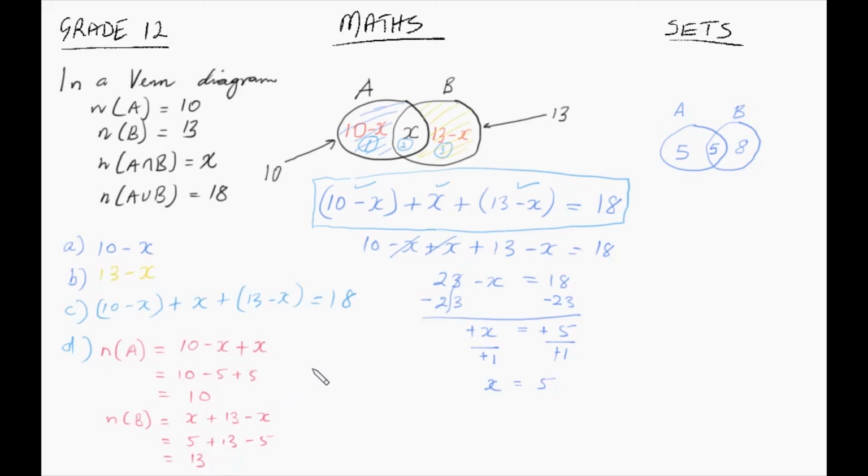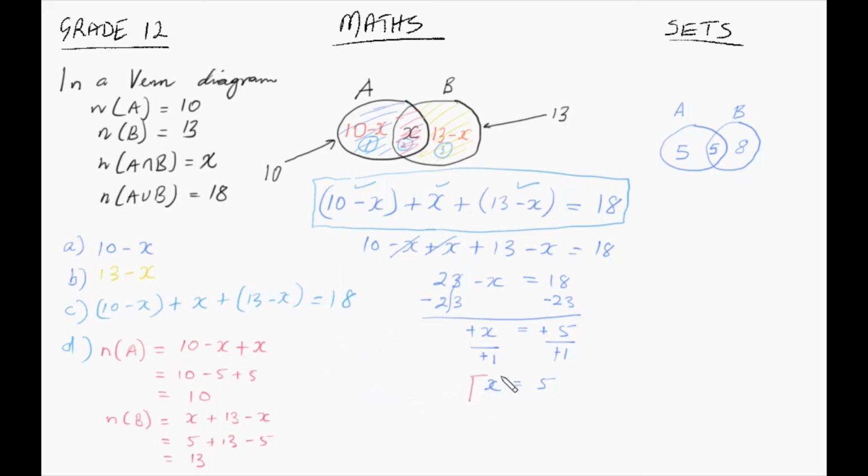But look at the question. The question is saying find the number of elements in both A and B. That means the number of elements in both A and B is this, the intersection here. So they say find x.